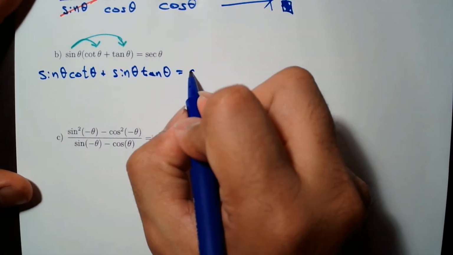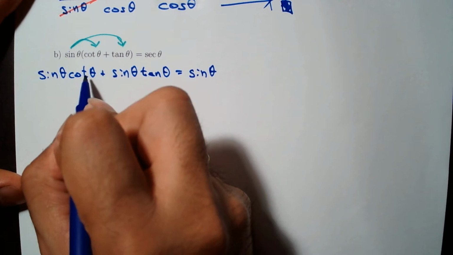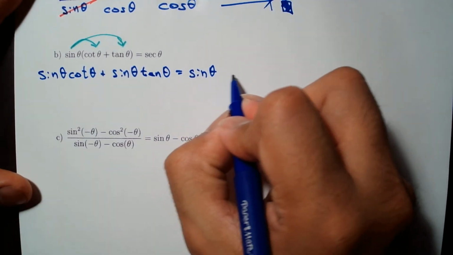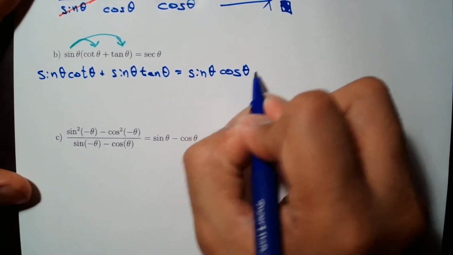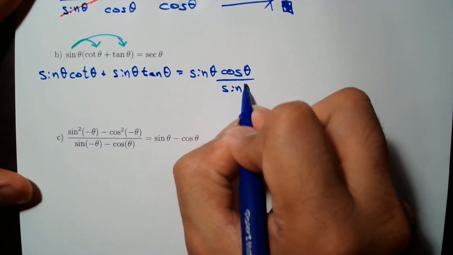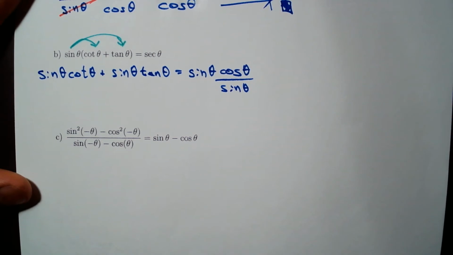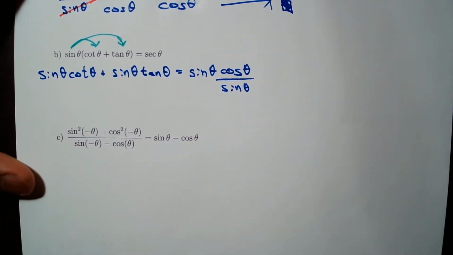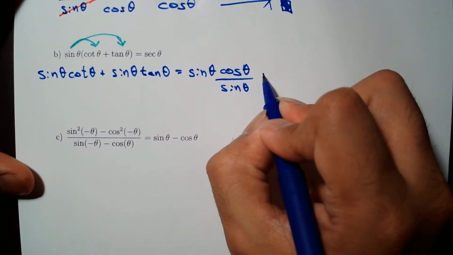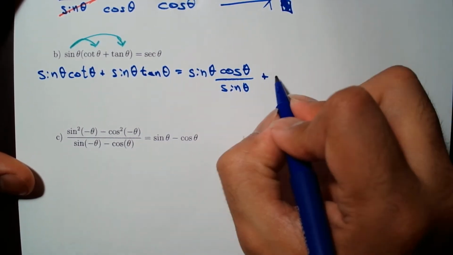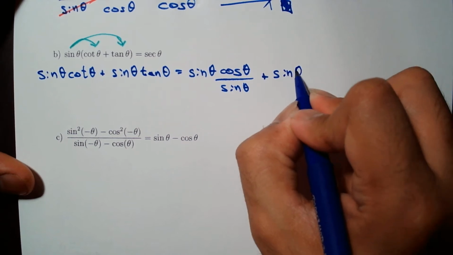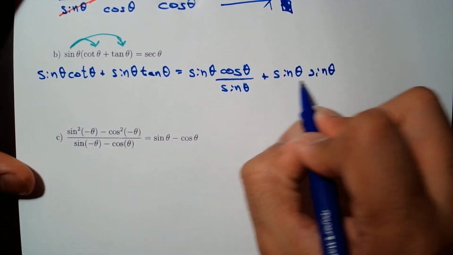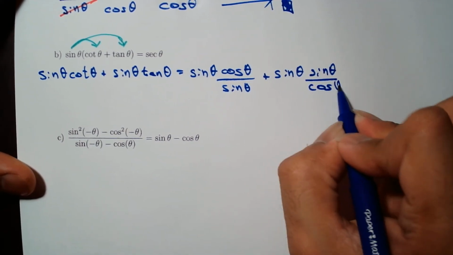Sine theta is simply sine theta. But cotangent theta, according to our identities, is cosine theta over sine theta, and this is going to help us simplify. Then plus sine theta again times tangent, which is sine theta over cosine theta.